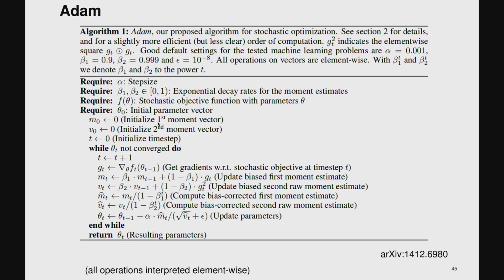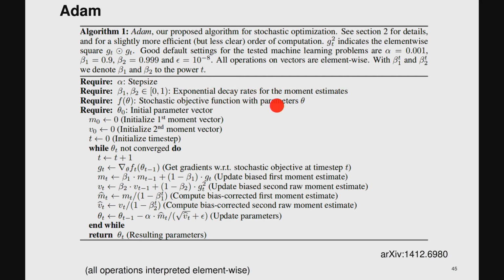And so this is the algorithm as given in the neural network book. And what does it do? Well, it requires initially a step size and some exponential decay rates for the moments.